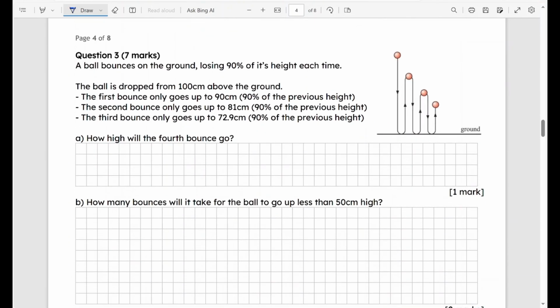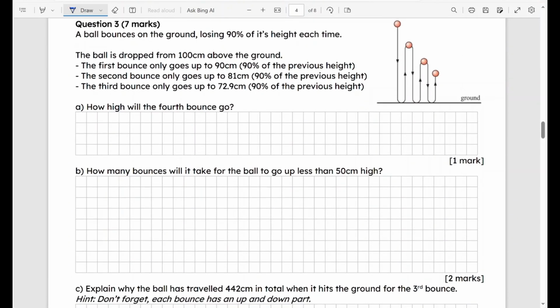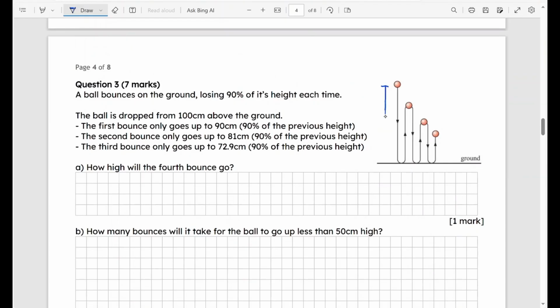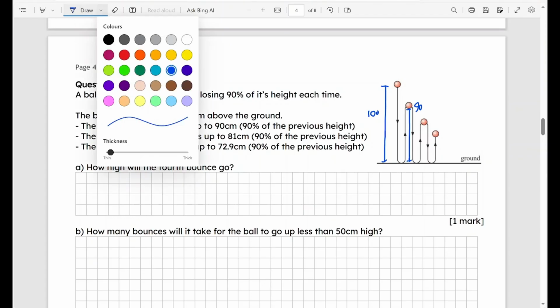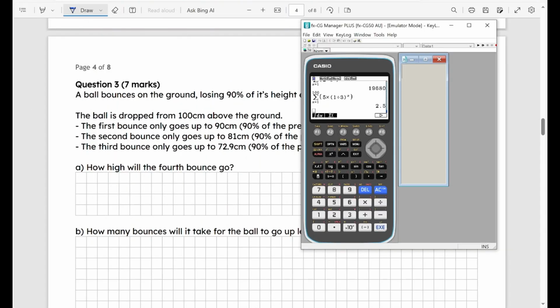All right, next step we got here, we got a ball bouncing on the ground. It's losing 90% of its height each time. So this bit will be 100 centimeters, but then this bounce here will only be 90 centimeters. So how high will the fourth bounce go? Well, to get each consecutive bounce, what you've got to do is you've got to take the original one. So we'll go with 100 here.